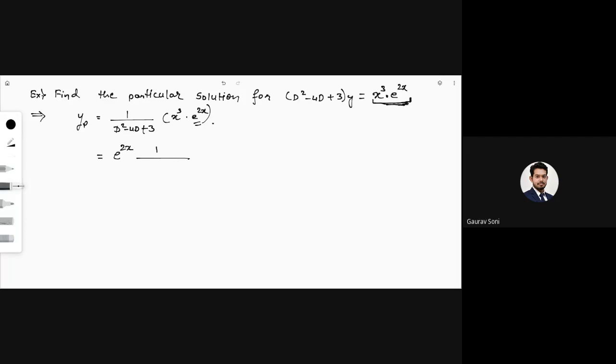Anyone else? Rohit Sharma, what do you want to say? Rohit Sharma is absent. Okay. Janvi Mohite, you want to say something?